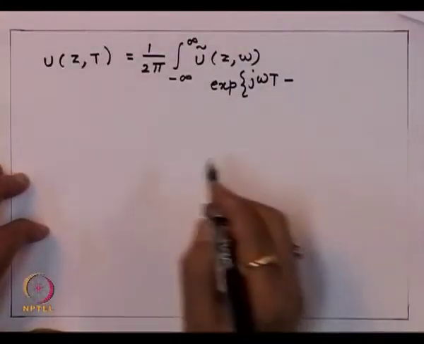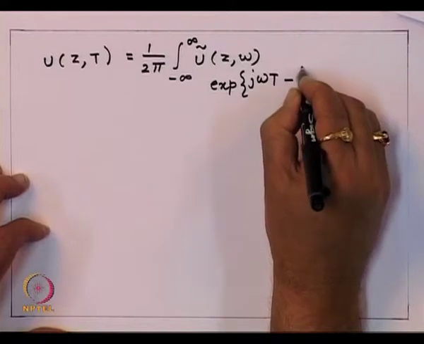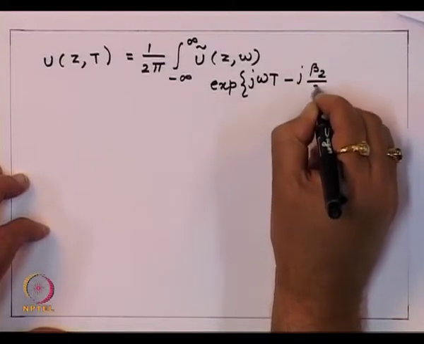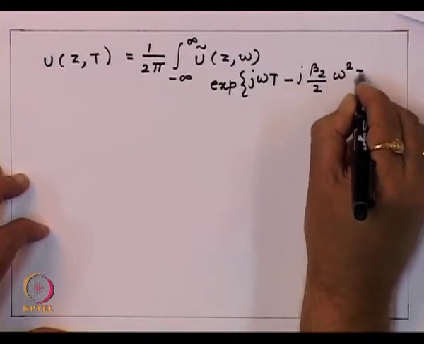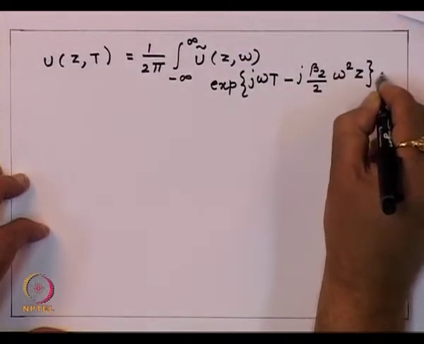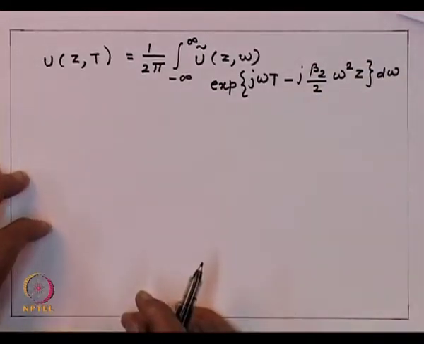So, minus j beta 2 upon 2 omega square z, d omega.